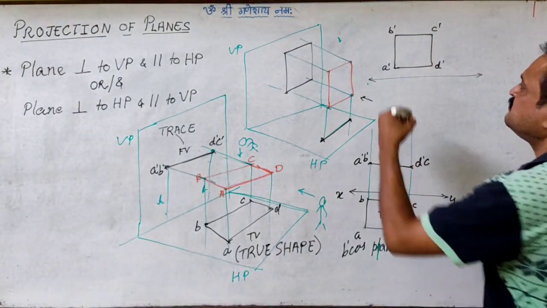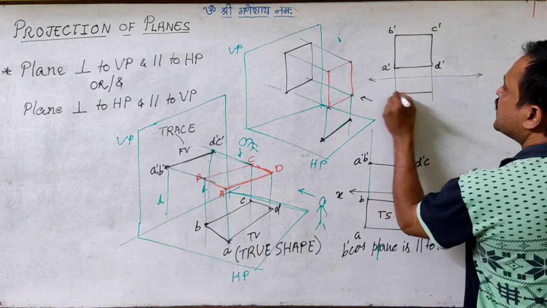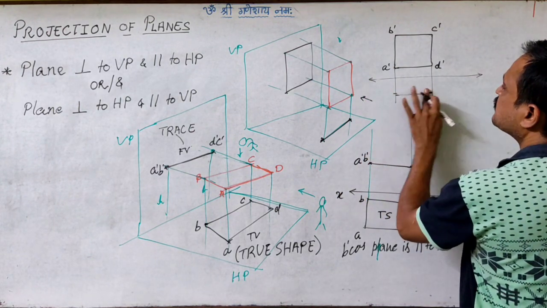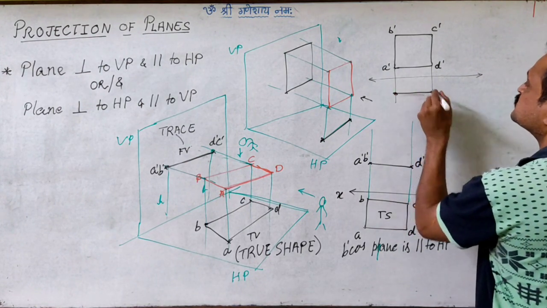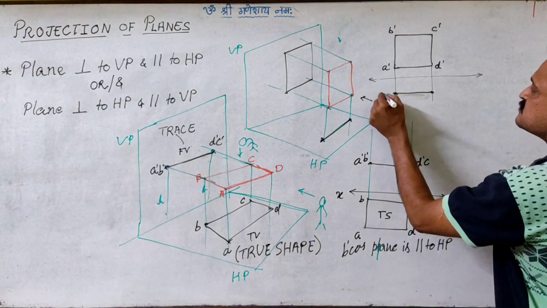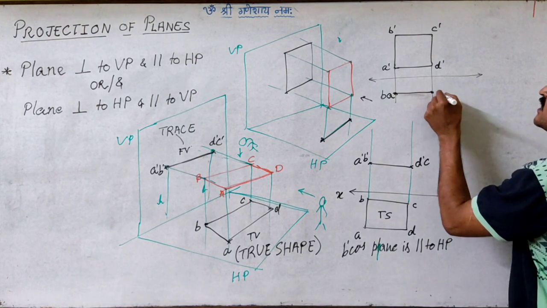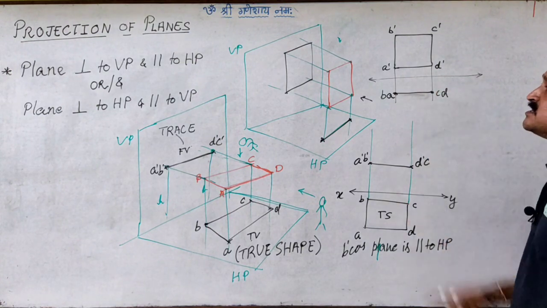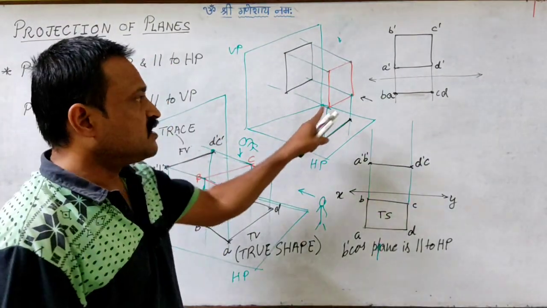So the corresponding view will definitely be a line or trace image of the given plane. So I get this image as this. For this I am looking at it from the top. So B first, A then, so it will be BA, C first, D below that, so it will be CD. Thus I get the top view image of this plane.